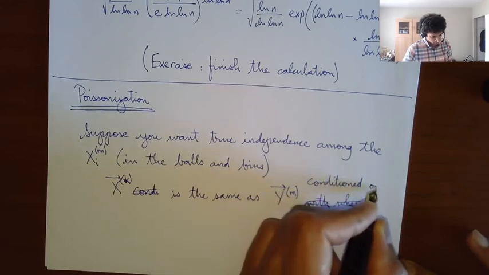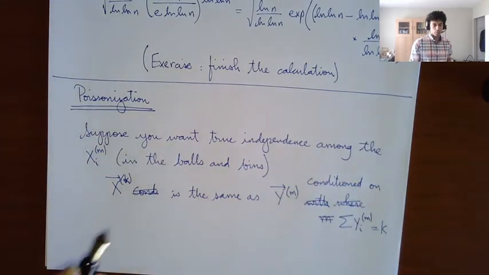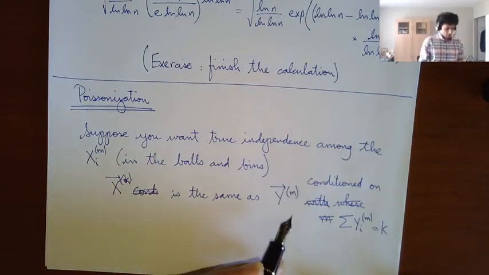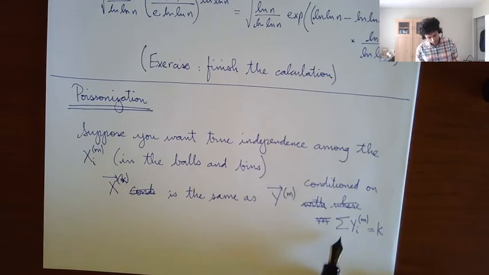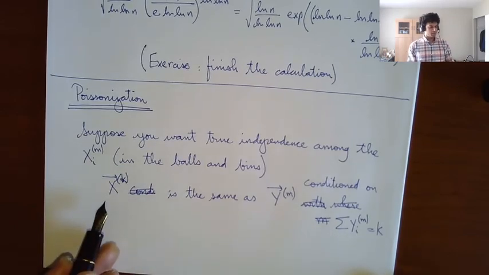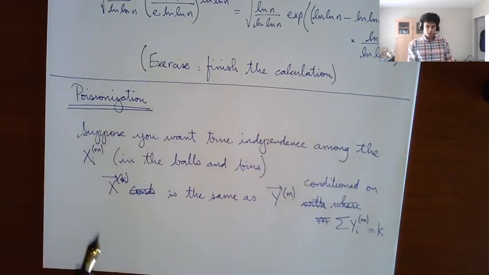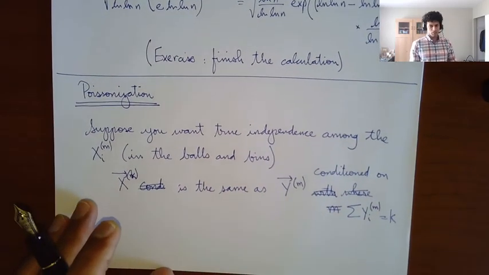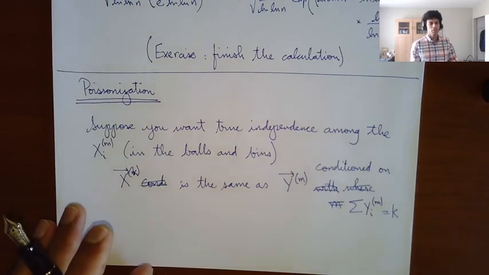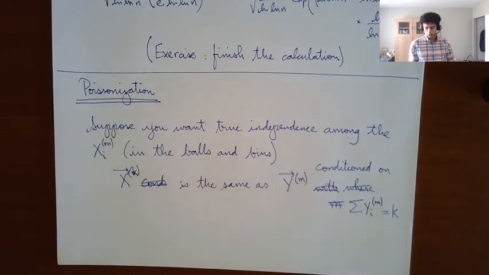So we know that if we condition these independent Poissons on the sum being k, then this gives exactly the balls and bins. What we'd like to do is to sort of flip this around. Suppose you're doing some kind of balls and bins experiment and you really wanted true independence.